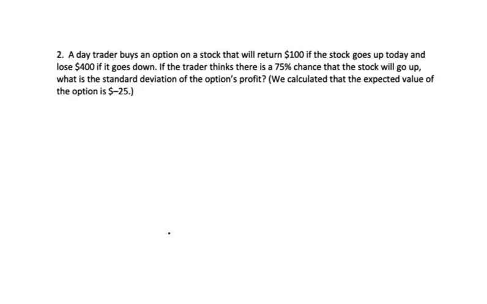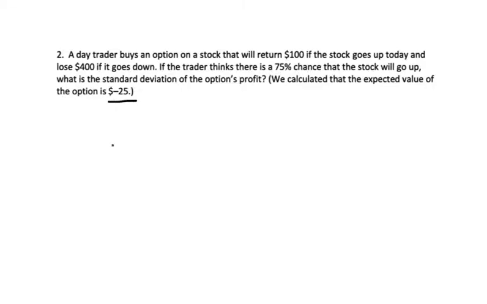Now, number 2, this is our stock option problem. A day trader buys an option that will return $100 if the stock goes up today and lose $400 if it goes down. And there's a 75% chance that the stock will go up. And now we want to calculate the standard deviation using the expected value that we calculated earlier of negative $25.